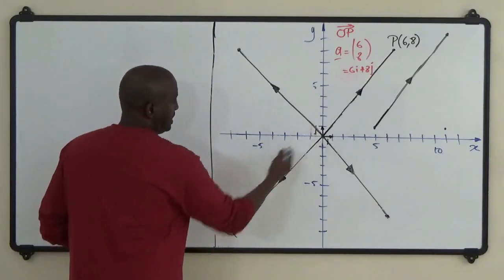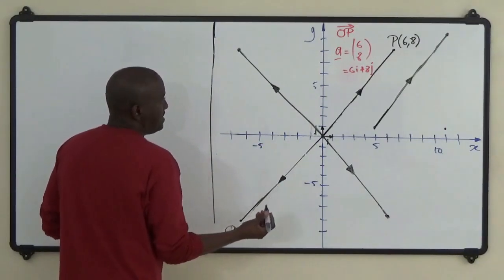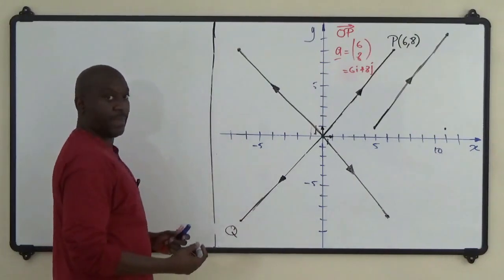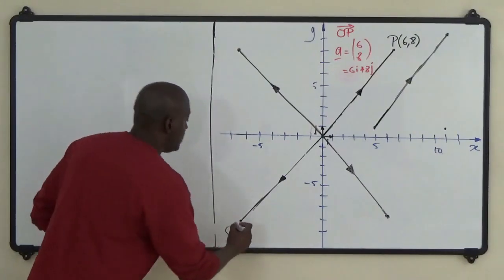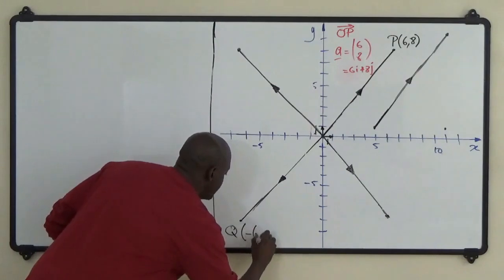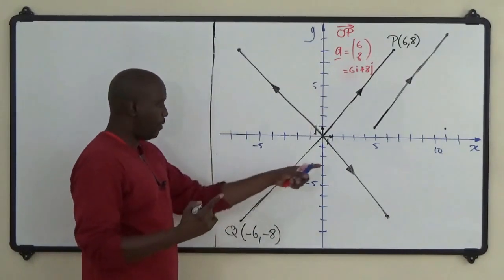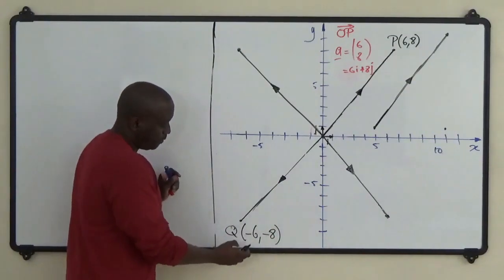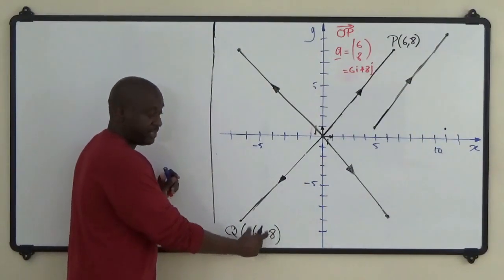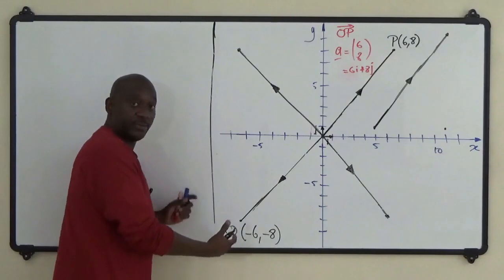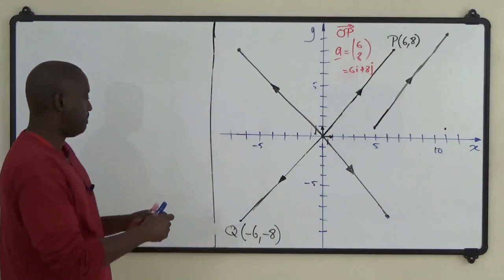So saying that it is a position vector and the movement is minus 6, minus 8, then we will end up at the point minus 6, minus 8, because the movement denoted by the position vector will also indicate the coordinates where the vector ends, where the point ends up.